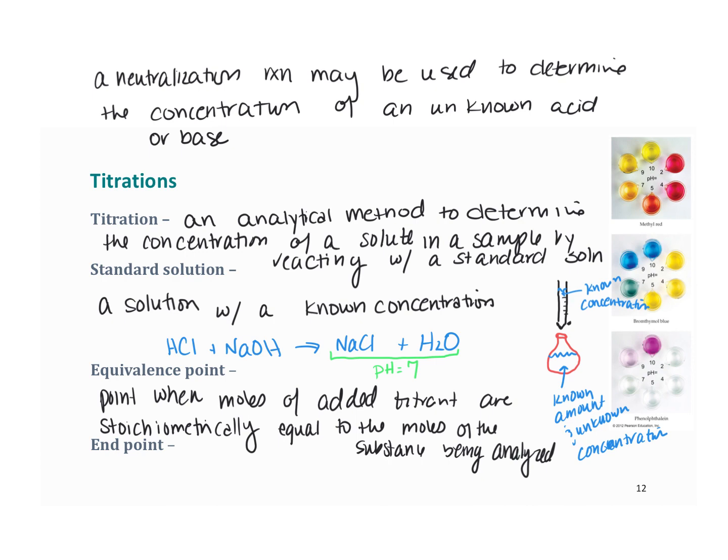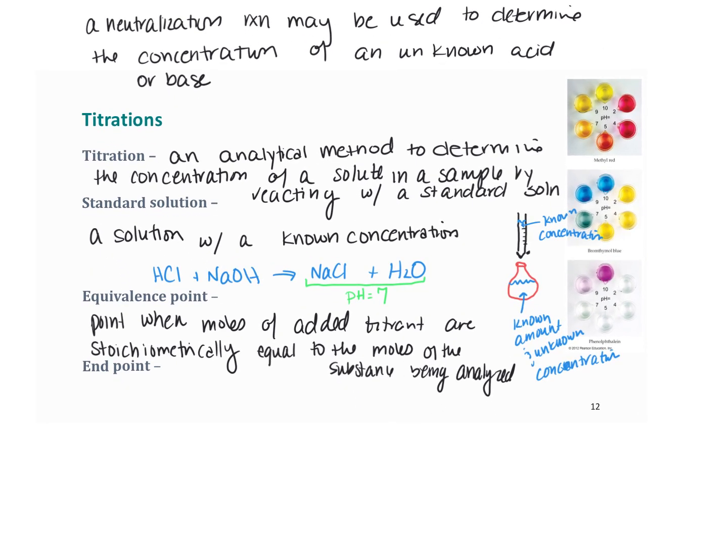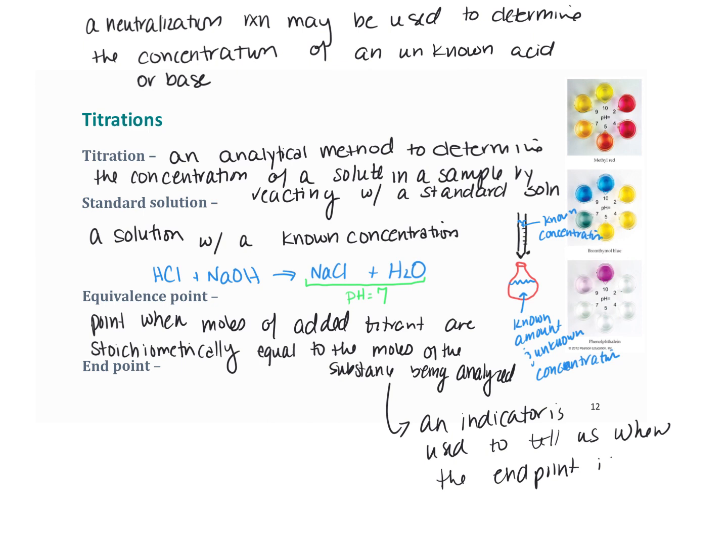Now, we use an indicator to show us where the equivalence point is. Okay, so an indicator is used to tell us when the endpoint is achieved.